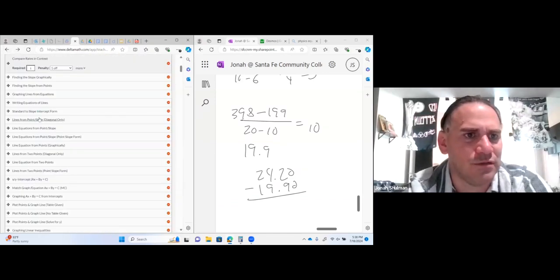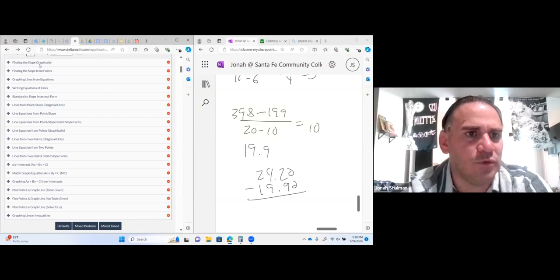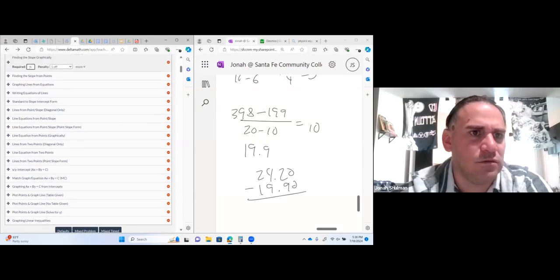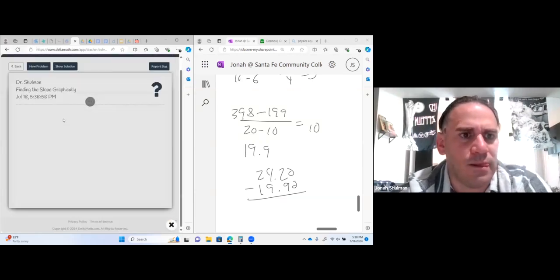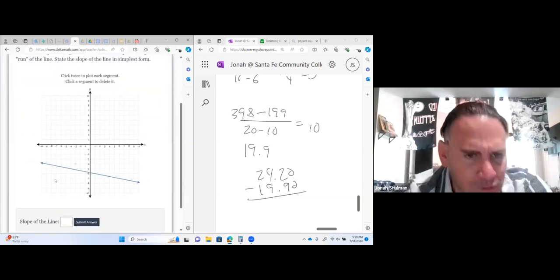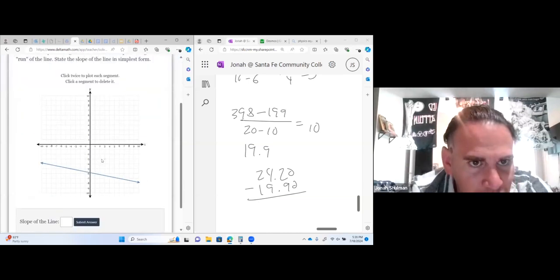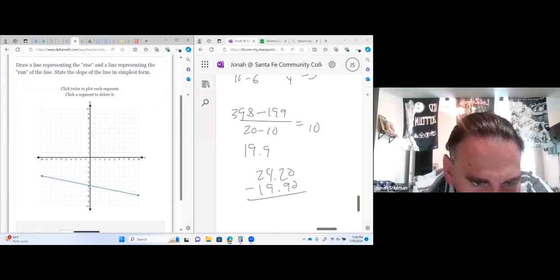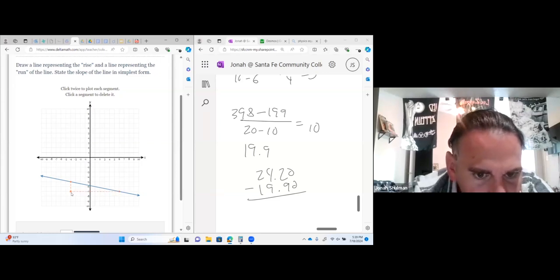All right, let's keep on trucking. Let's find the slope graphically. All right. What's the slope? So it's not a rise over run yet. We need a rise line. So I need a perfect point. There we go. There's the rise line. And there's the perfect cross here.